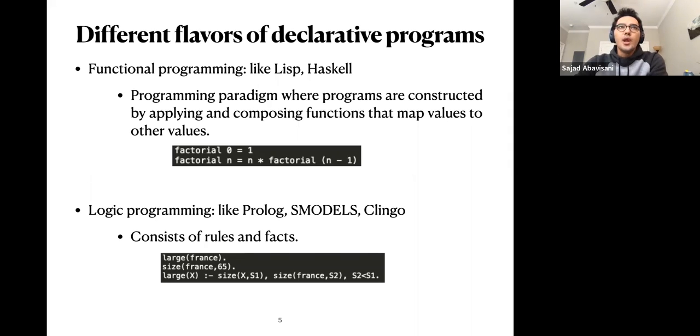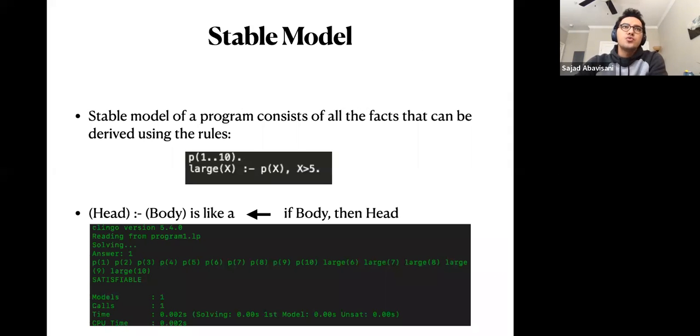And one key idea to Clingo is the idea of a stable model. A stable model of a program consists of all the facts that are consistent with each other and that can be derived from rules. For example, here we have a simple code which has 10 different values for P, and we consider a value to be large if it's larger than 5.